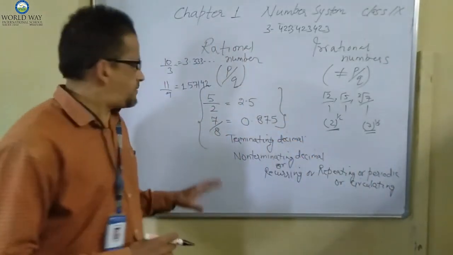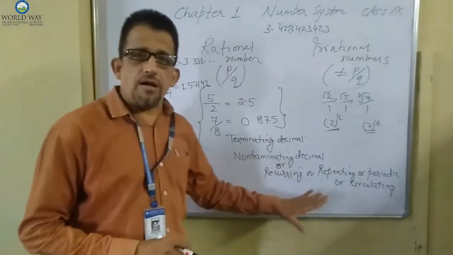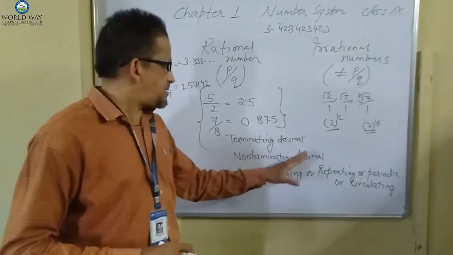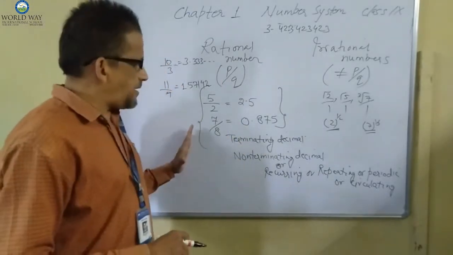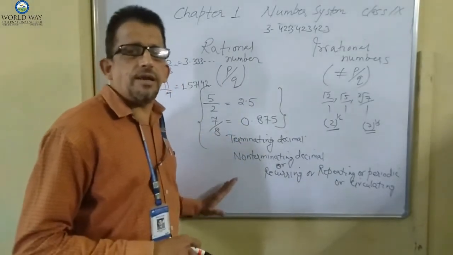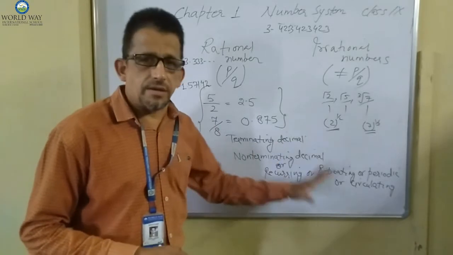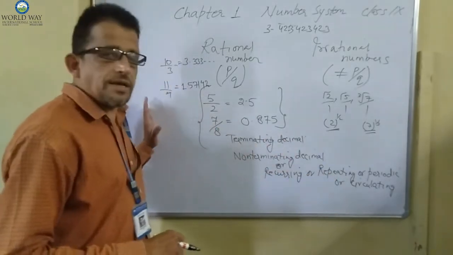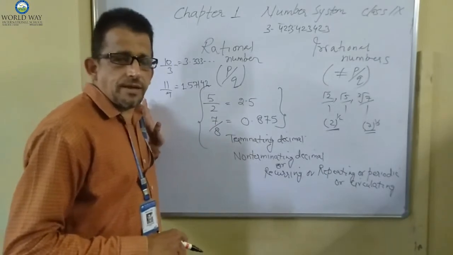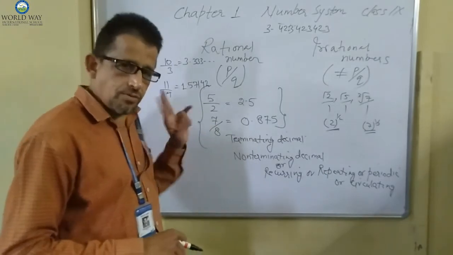All are names of the non-terminating decimal. So rational numbers have two types of decimal expansion: terminating, and non-terminating but repeating or recurring. So it's clear to you that the decimal expansion of rational numbers is of two types.